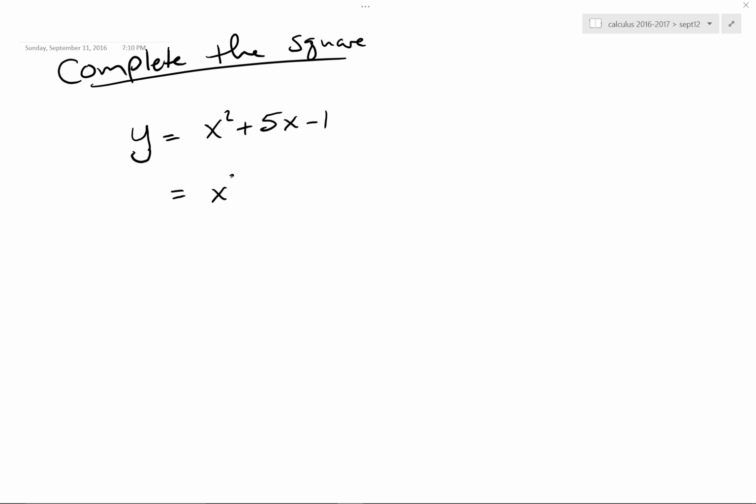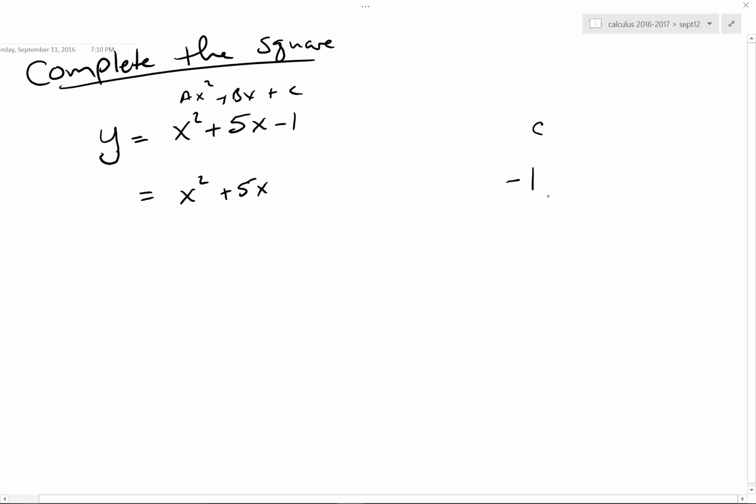Anyway, if you'll recall, some people teach it a little bit differently, but Mr. Groom just says, move this c, remember it's ax squared plus bx plus c. Scooch it out of the way, get yourself a little room to work here. Then we are going to take half of this b term.